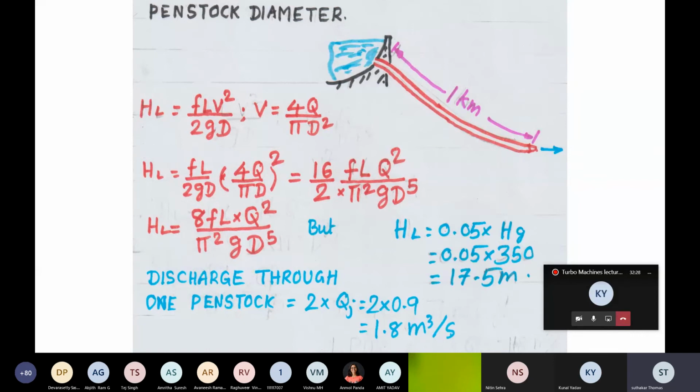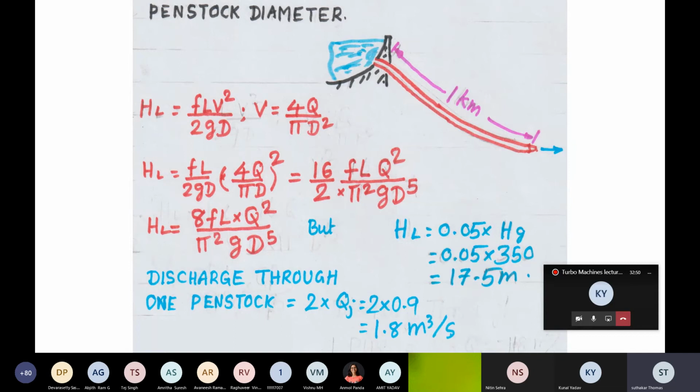So based on the head loss, you have the dam and the reservoir, and you have the penstock 1 kilometer long. Now the basic friction loss equation, the Darcy's equation, is head loss is equal to f L V square by 2 g d, where V is equal to Q by pi d square by 4.